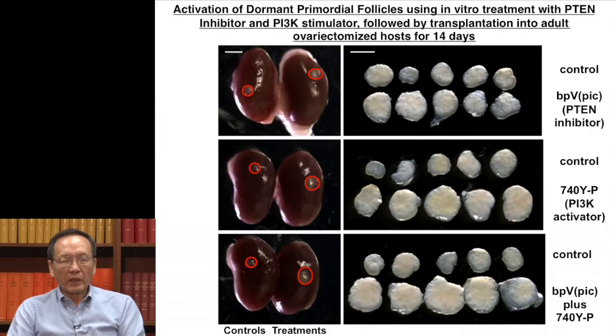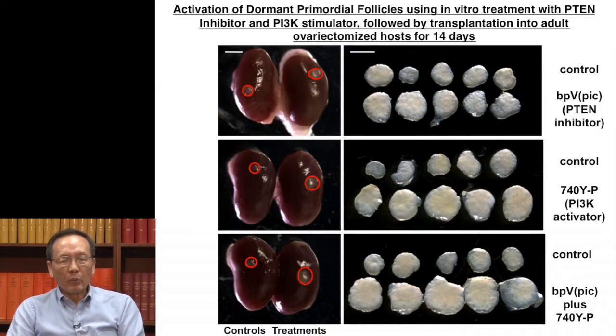And as you can see in the next slide, that is in the kidney graft, on the left-hand side, each are matching ones. That is, one is control, the other is treated. And on the right-hand side, we showed that when we took out 5 different pairs of the ovary, all the ones treated with P10 inhibitor are much bigger than the control one.